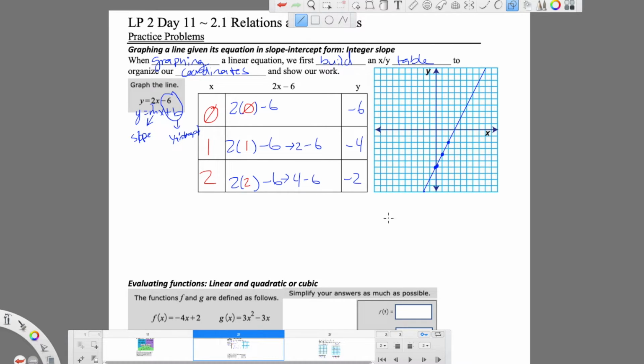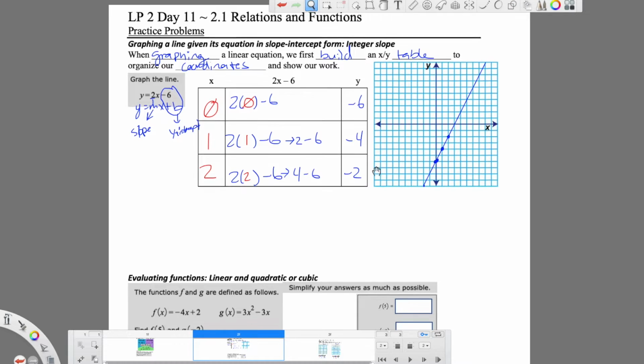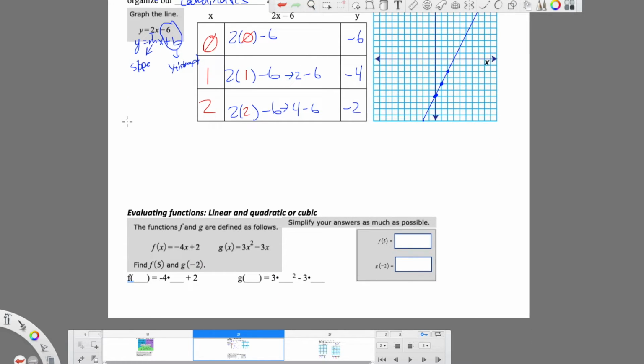All right, so we're also going to take a look at functions down here and just applying some values to functions. So remember, a function is just an equation. It's just a general rule for that equation. It's kind of like a machine or a very specific equation for this situation.